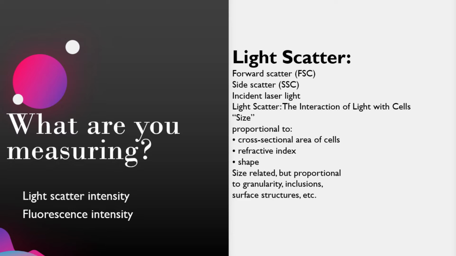Light scatter intensity consists of two more parts, which are forward scatter and side scatter, from the interaction of the light with the cells. Side scatter tells us about the complexity of the cells, whereas forward scatter tells us about the size of the cell.